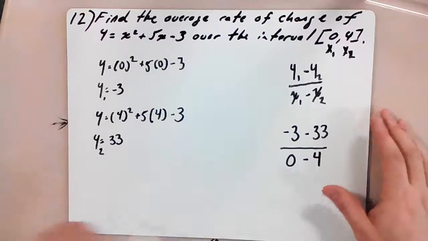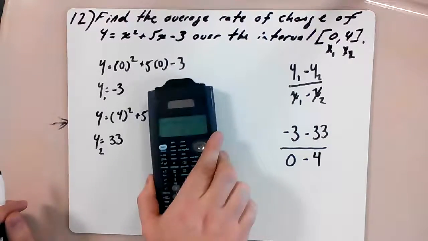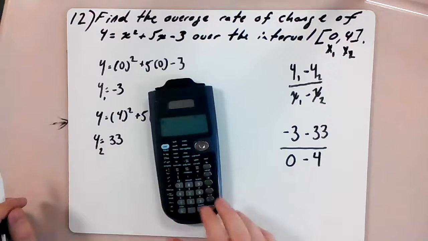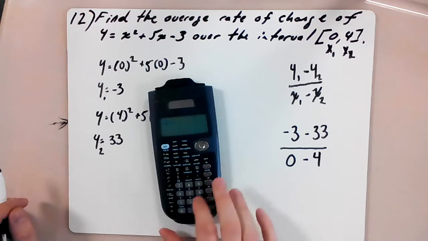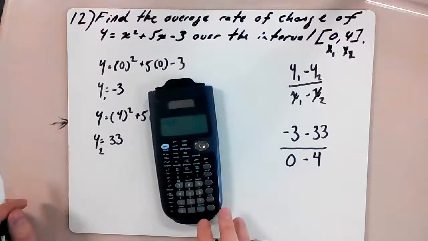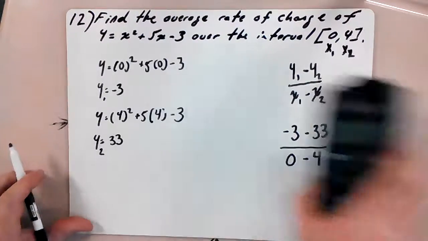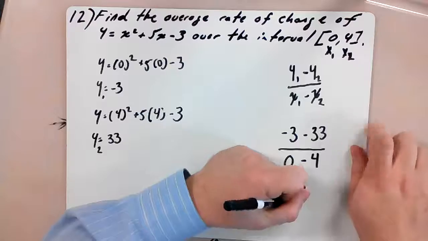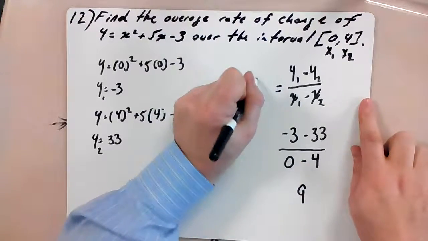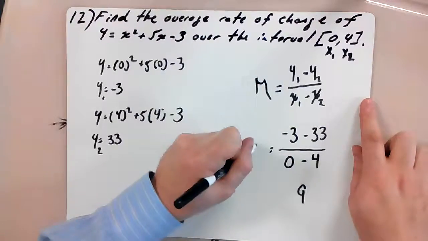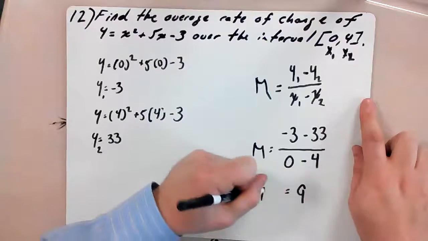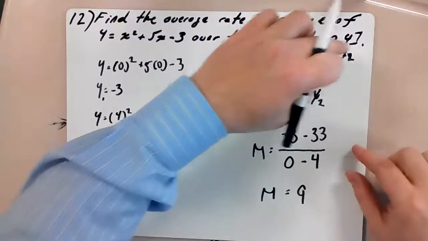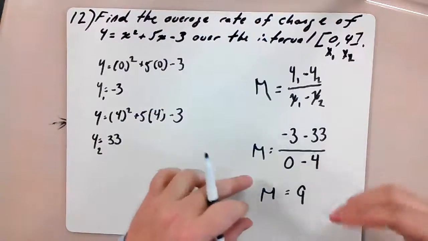Now I'm going to plug that into the calculator, 33 minus negative 3 over 4 minus 0, and I get 9. So basically what I'm saying here is the slope from this point to this point is 9 or 9 over 1.